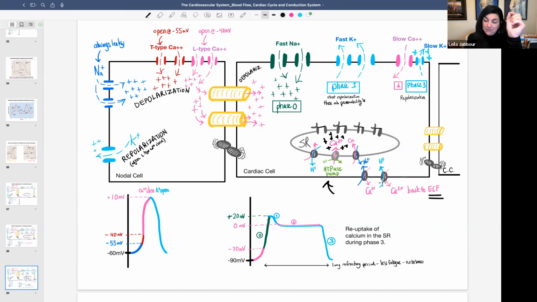And we use the same kind of secondary active transport, using the energy from the flow of sodium ions or the flow of hydrogen ions down their concentration gradient, and that energy pushes calcium ions out. So I wanted to mention that calcium is being taken care of like that.